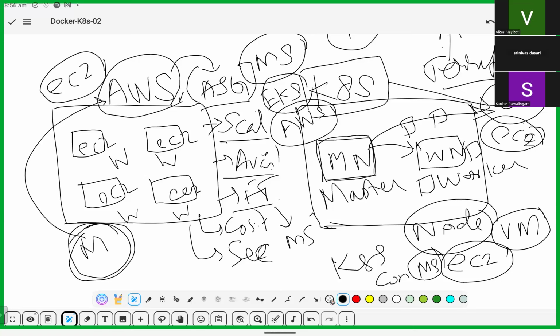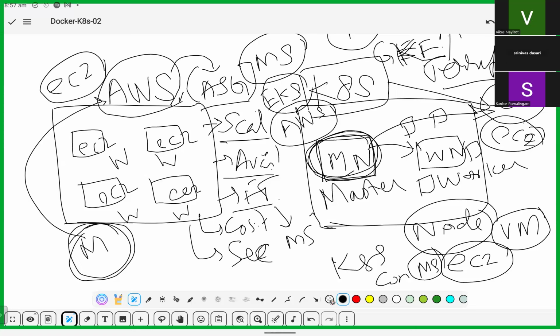On Google, it is Google Kubernetes Engine, GKE. There you don't have to really worry about managing the master node or installing Kubernetes.